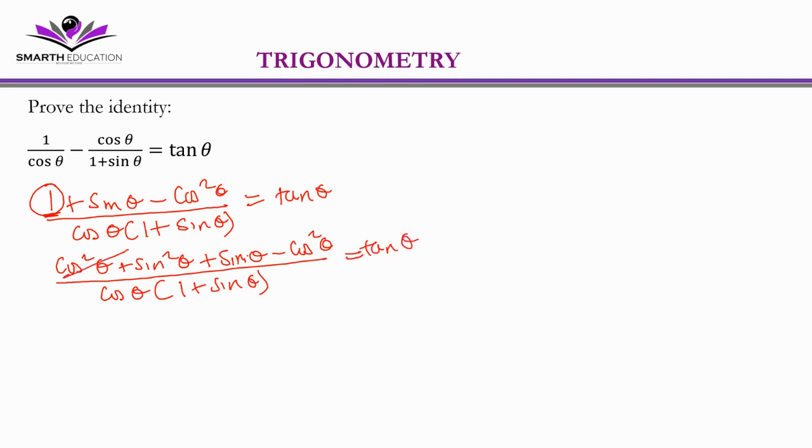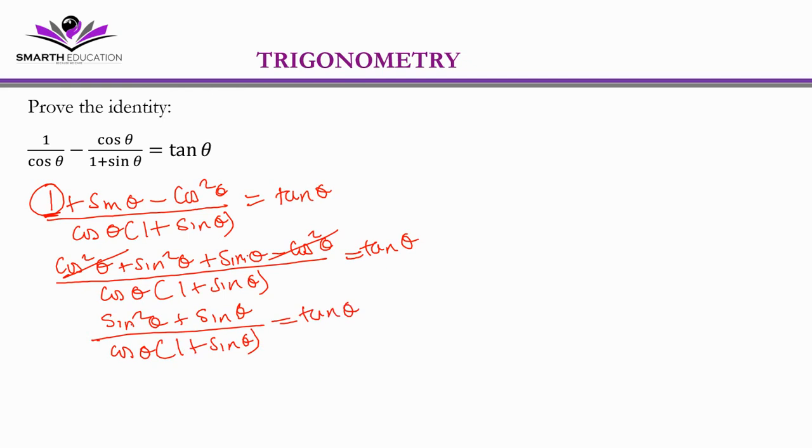Then cos squared theta minus cos squared theta is 0, so we remain with sine squared theta plus sine theta over cos theta times 1 plus sine theta, equal to tan theta.